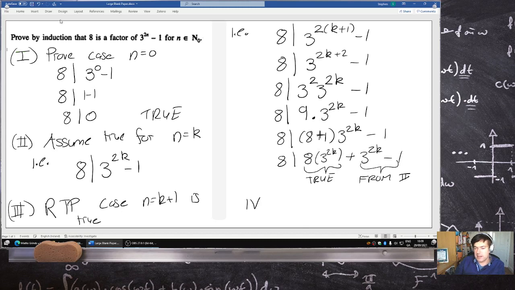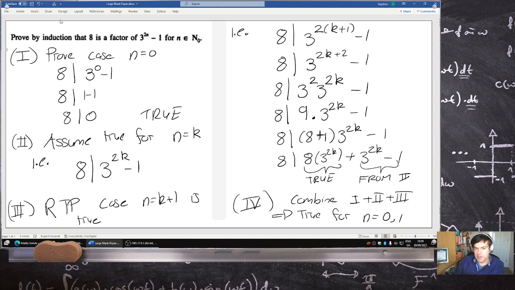So finally, step 4. If you combine 1 and 2 and 3, these 3 results, that means it's true for n equals 0, the first case, and then 2 and 3 together imply the next case is true.